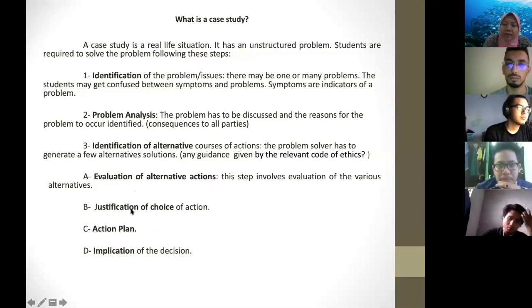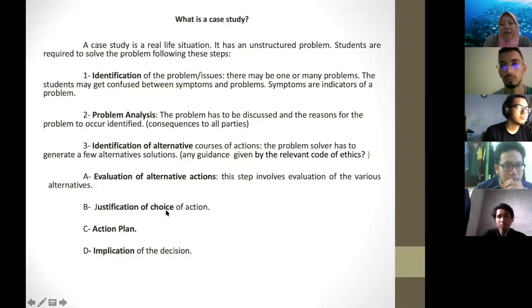For example, you have 5 or 6 solutions, but based on the evaluation, you think the best is solution number 3, and you need to justify the choice of action. Why in the end did you choose solution number 3? Make sure it's very strong.